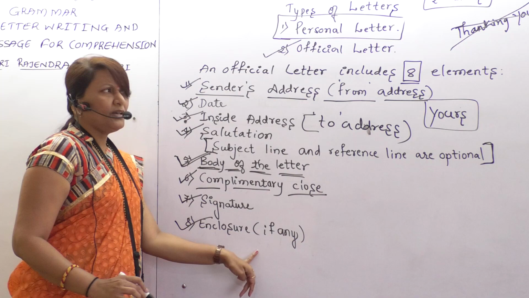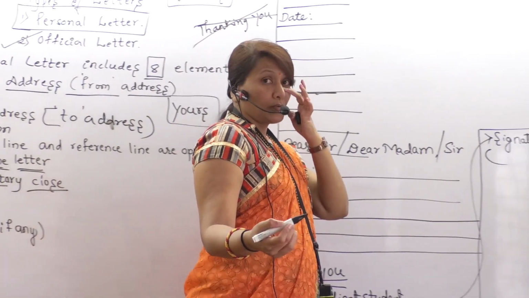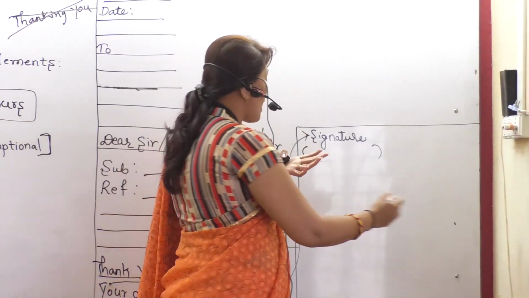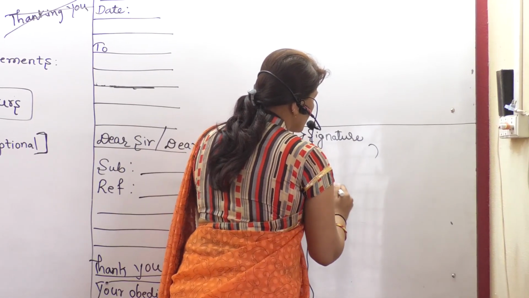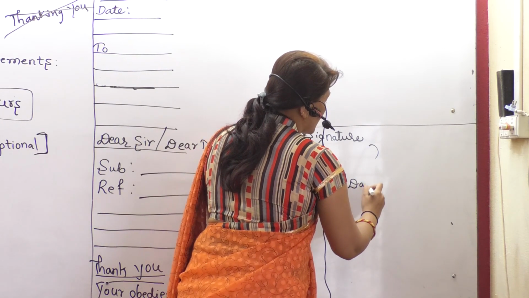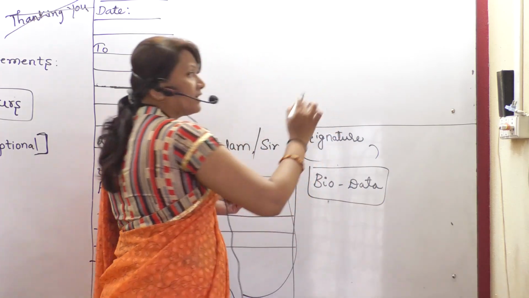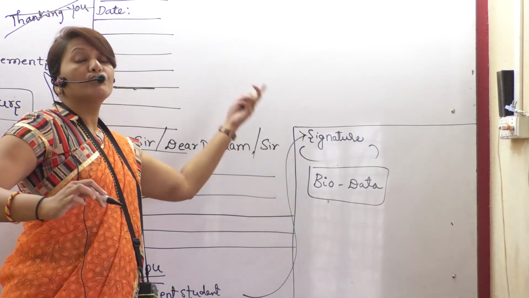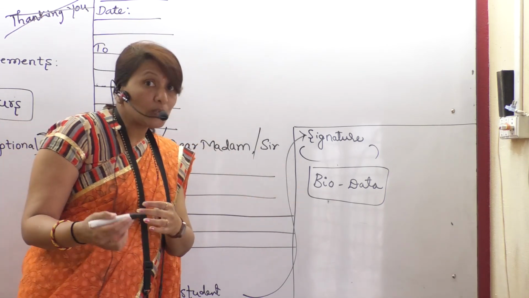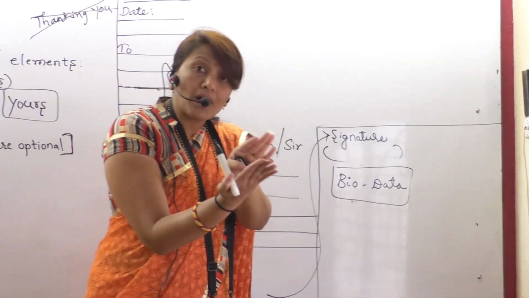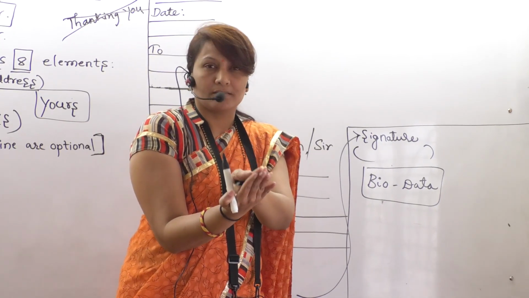Enclosure means if you want to write an application to seek a job, you need to enclose your biodata with your official letter. So, the eighth point is enclosures, if you want to attach something with your official letter.